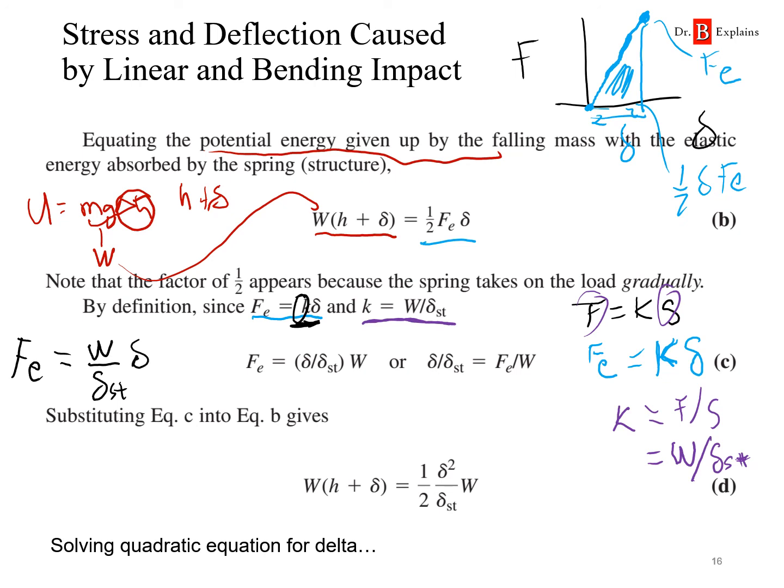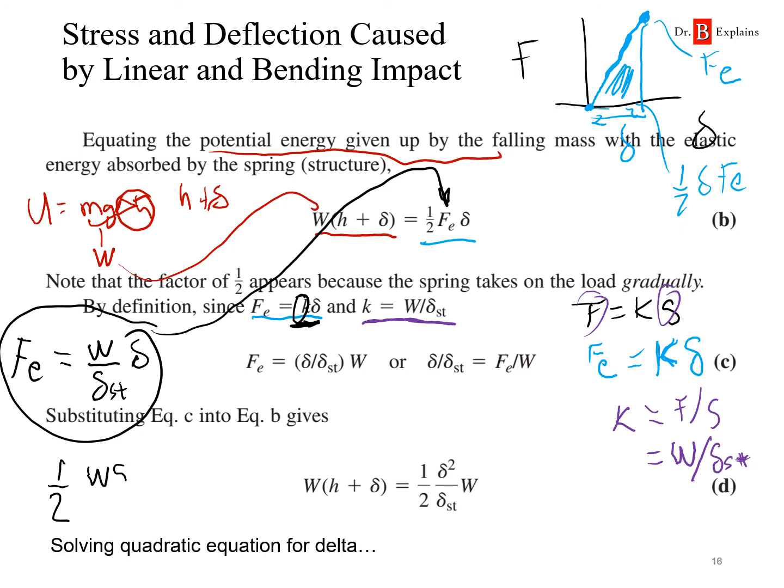So if we take this expression for Fe and substitute it over there, what do we have? We're going to have 1/2 Fe, but Fe is just W times delta divided by delta ST, times delta.